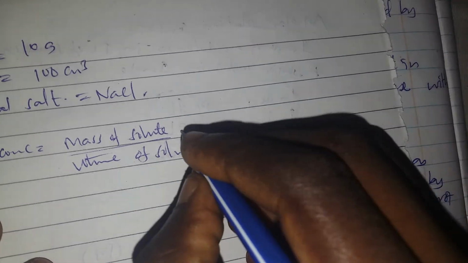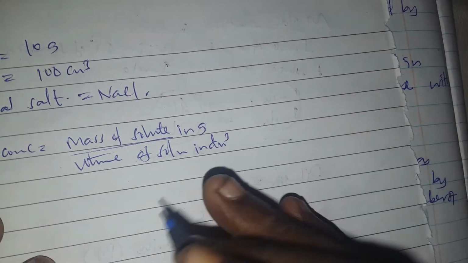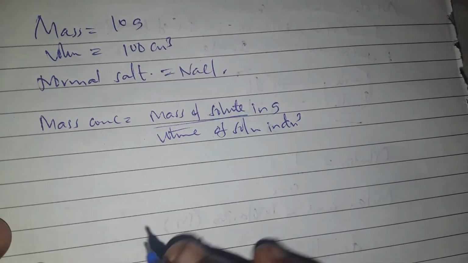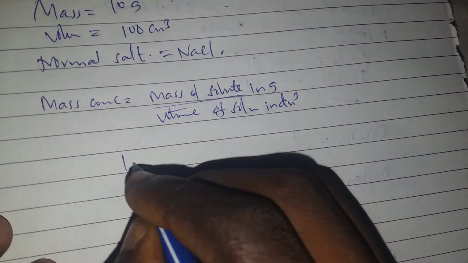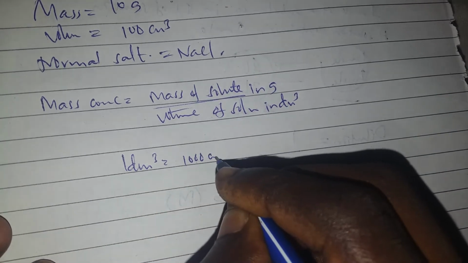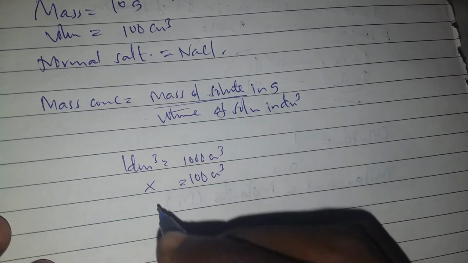So mass of salt should be in grams and volume of solution in dm³. Mass of salt tumepewa in grams, lakini volume tumepewa ni cm³. So tutasema kwamba 1 dm³ is equal to 1000 cm³. So 100 cm³ will be equal to x.